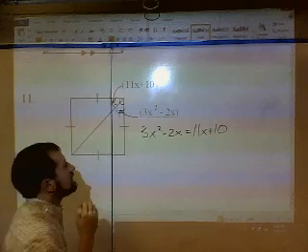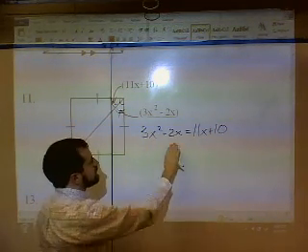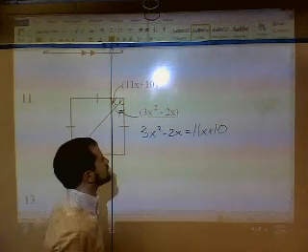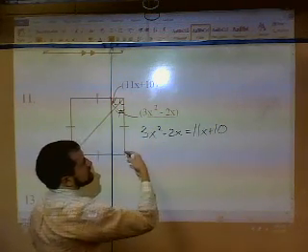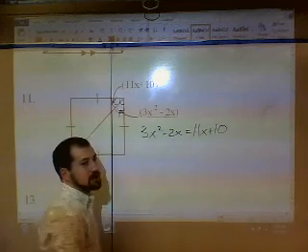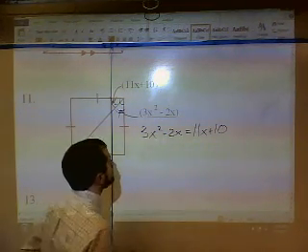Again, we have a quadratic equation. We do have an x term, so I'm going to try to factor this. Get all terms to one side, have it equal 0, and then see if I can split it into 2 parentheses that would multiply together.